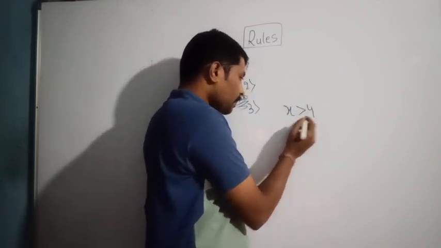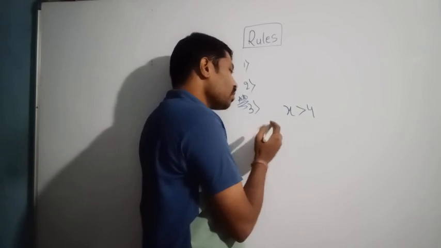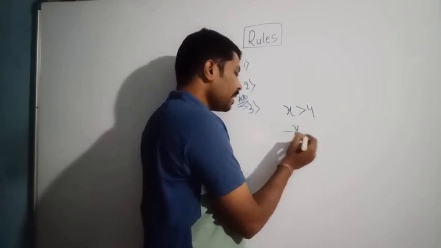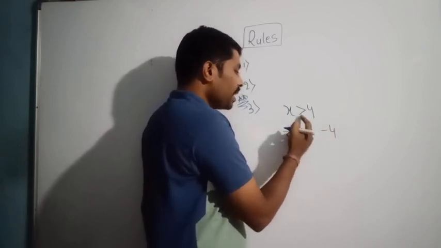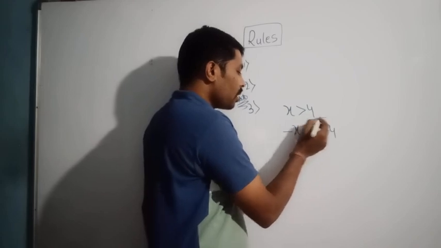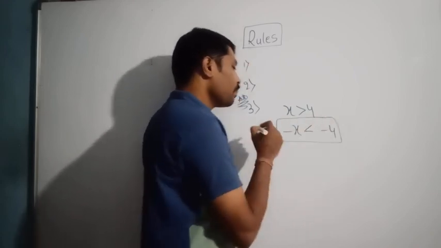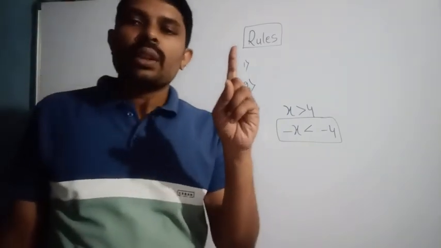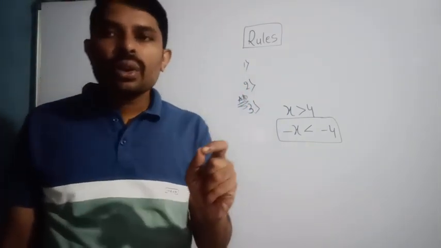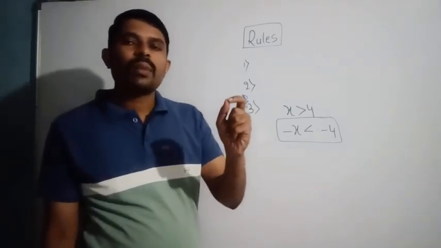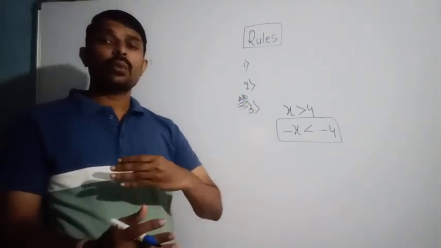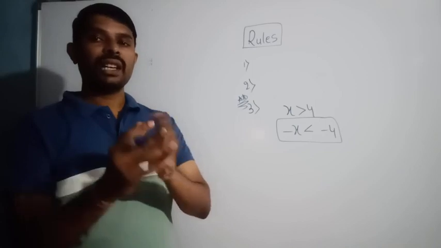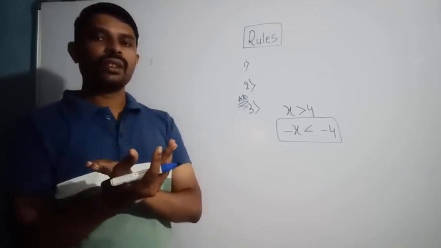If I multiply minus on both sides, minus x, minus 4, the inequality gets reversed. So this is a very important rule. Whenever you multiply with a minus sign or a minus number, the inequality reverses.